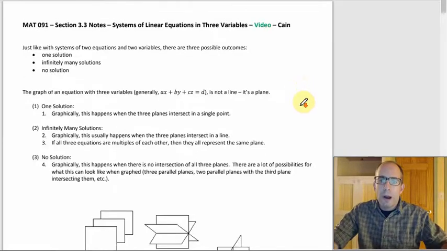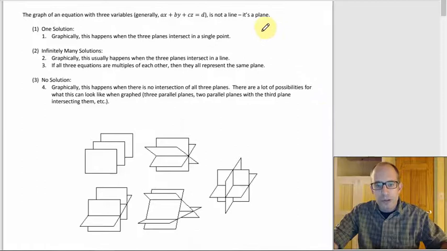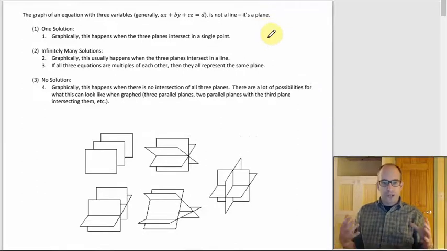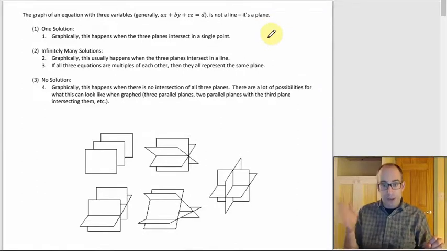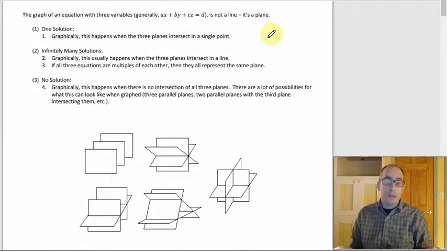So to get one solution, where your solution is just one point, you'd have an x-coordinate, y-coordinate, and a z-coordinate, so you get an ordered triple instead of an ordered pair because you've got three coordinates now. With one solution, you can have that where it's three planes that intersect in a single point.